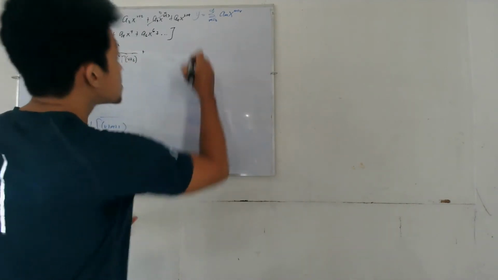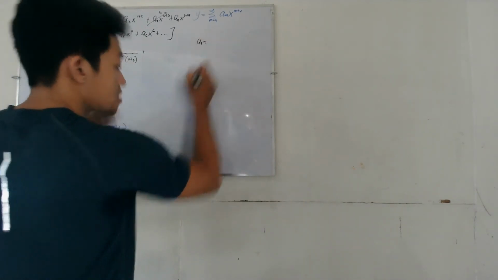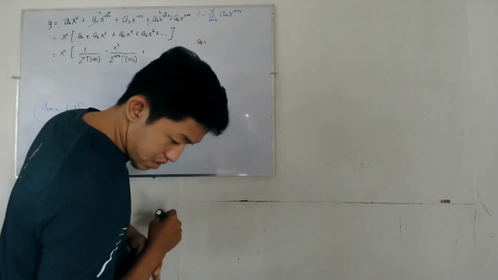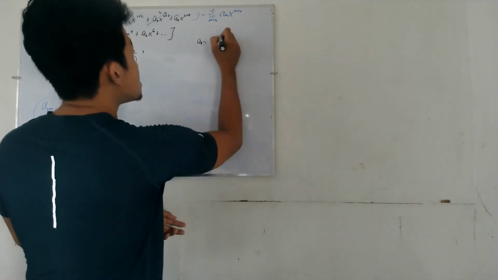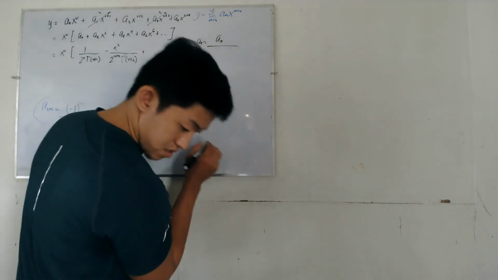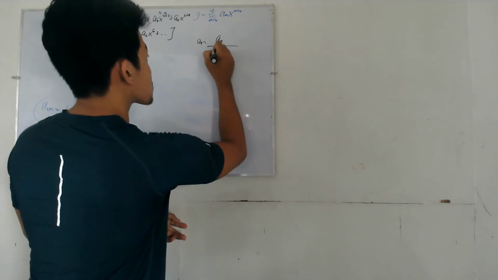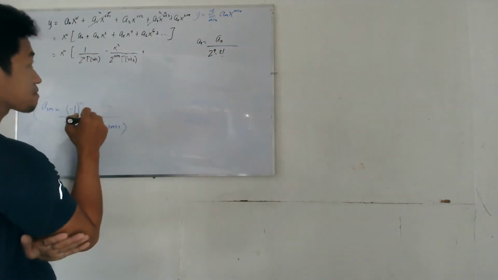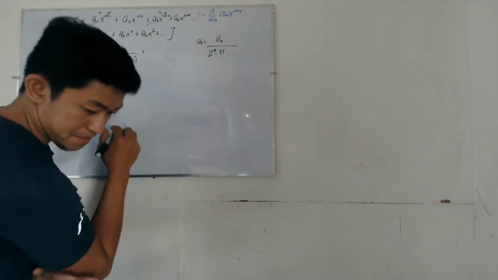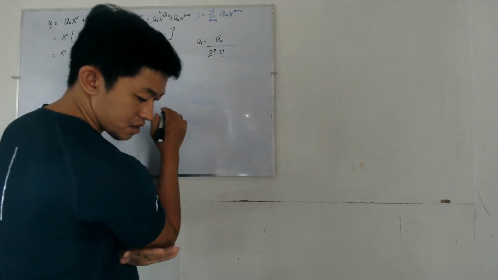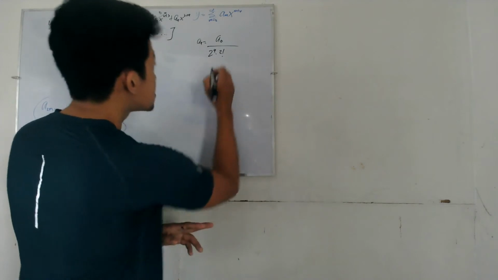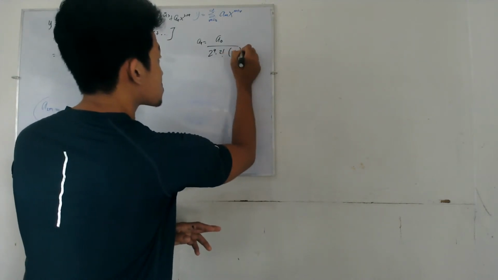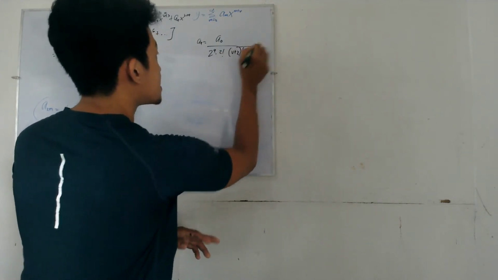Ang a4 is a0 over 2 to the 4 times 2 factorial, b plus 2, b plus 1. Okay?